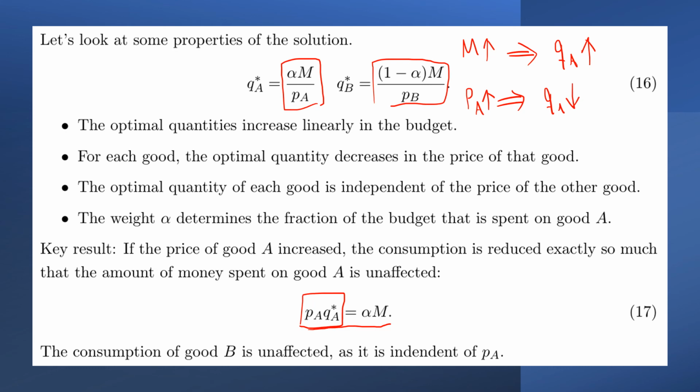And on the right-hand side, we have simply a fraction of our budget, and the fraction is alpha. What this means is that when PA changes, when it increases, for instance, we reduce QA exactly so much as to make the amount of money that we spend on good A constant. The amount of money we spend does not change.